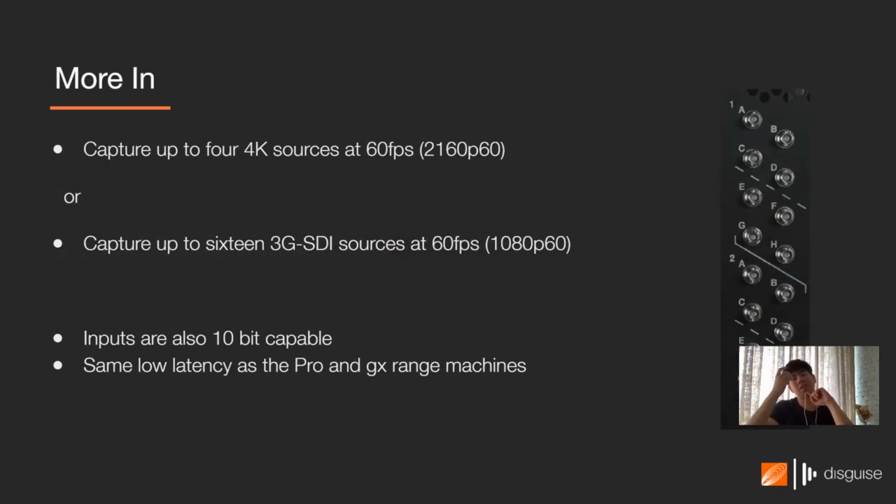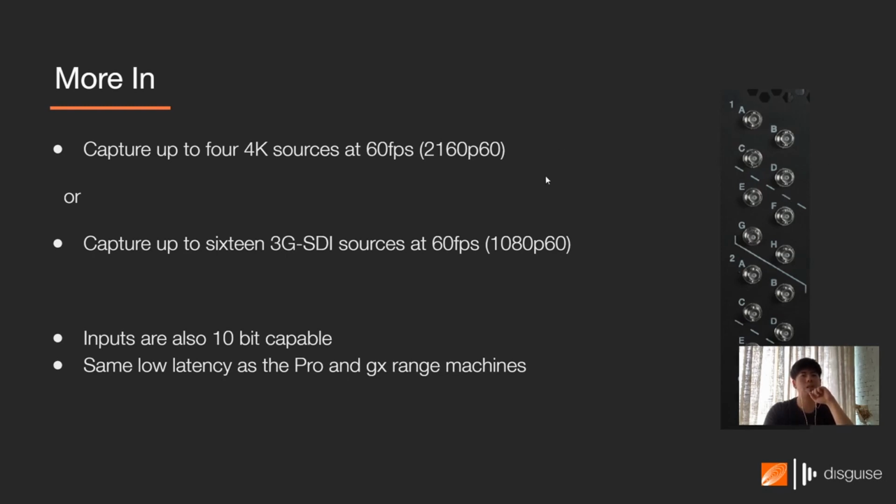So this is their philosophy: I want to capture as much as I push out. So they fitted 16 3G SDI into this one single machine. If you see the divider, it's actually one quadrant of 4K.